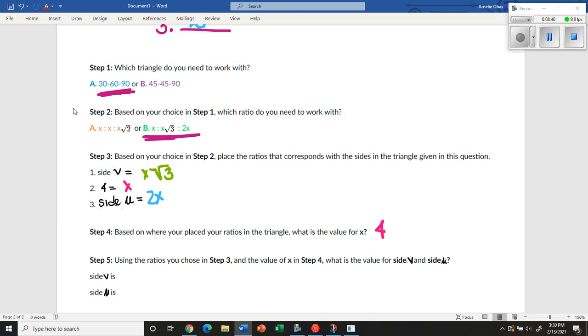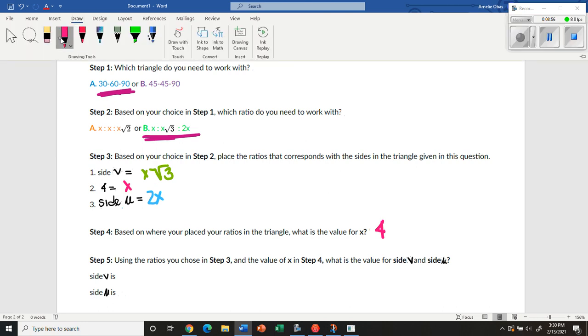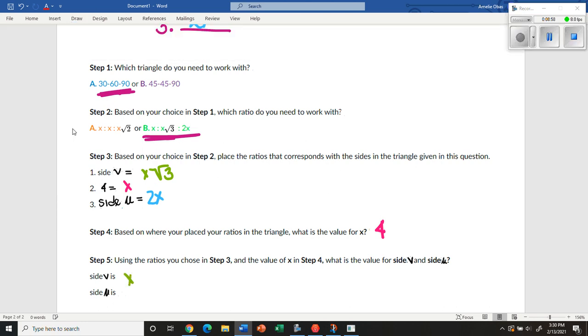Now based on my ratio and what I found for x, I need to find side V and side U. So let's go back to side V. Side V, what I have here says x square root of 3. I'm going to use green just so everything corresponds. So x square root of 3. And now wherever there's an x, which I found to be 4, I just plug it in.